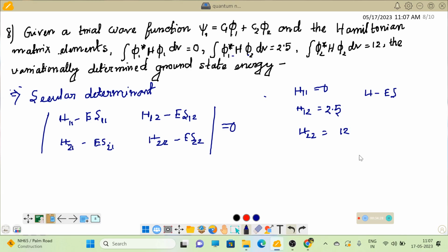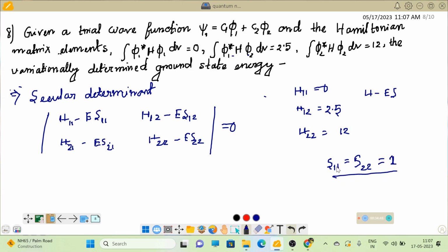Okay, another thing you have to remember: S11 and S22 equal to 1. You have to remember this.